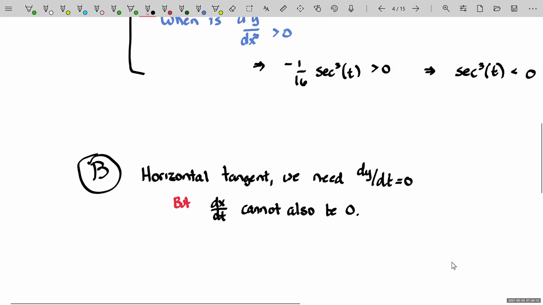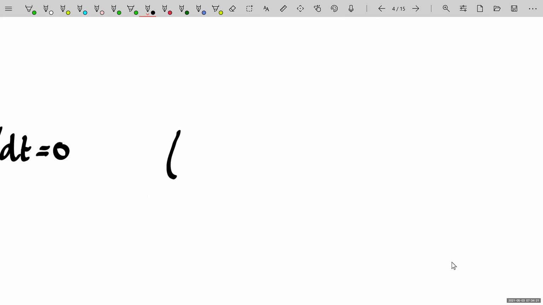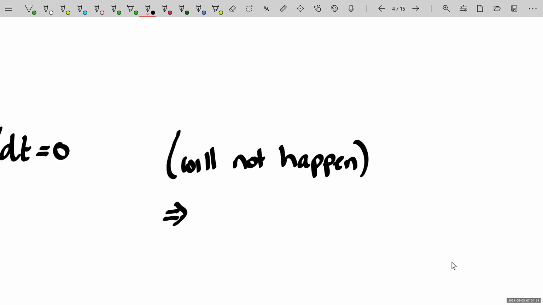That is never going to happen. Will not happen. This implies no horizontal tangents.